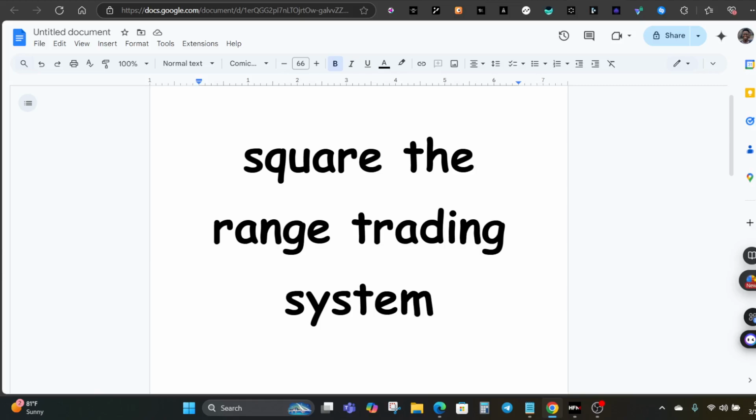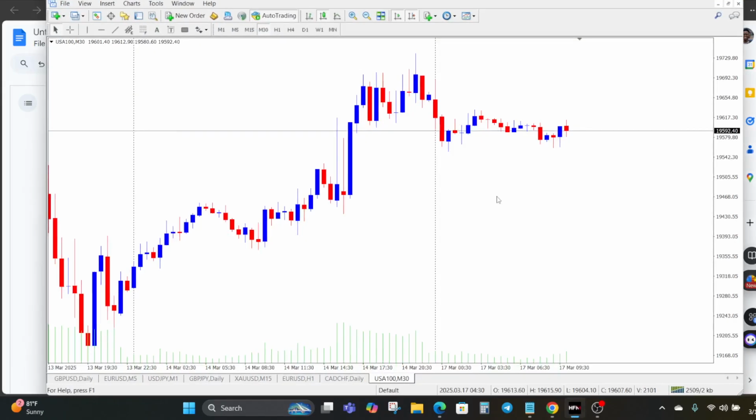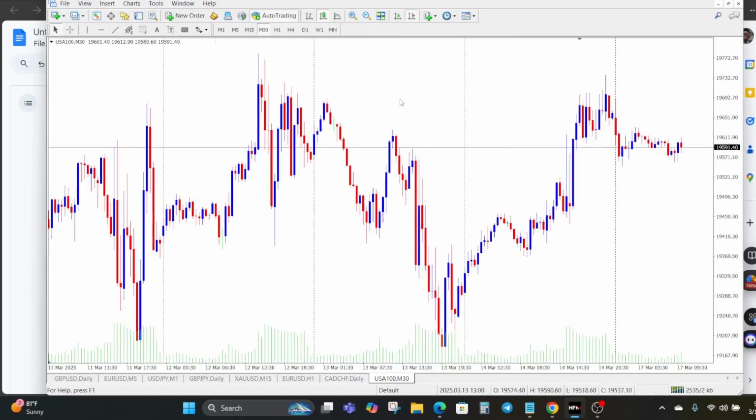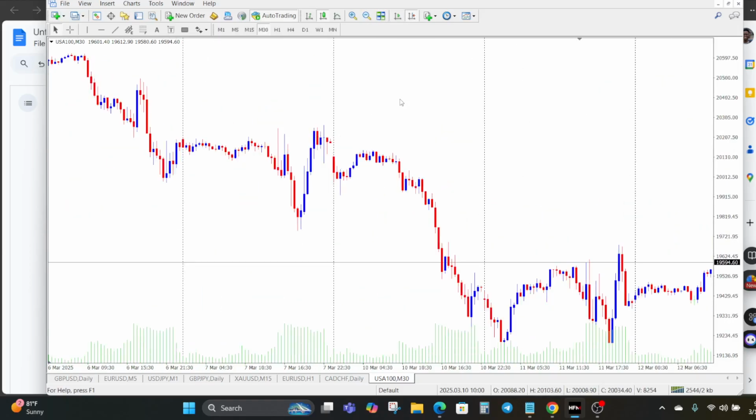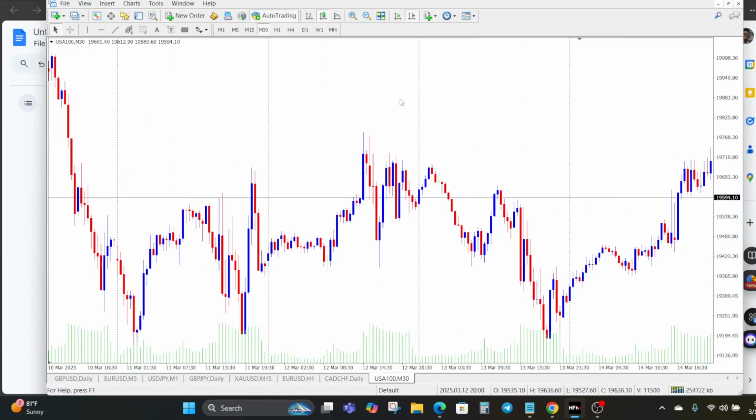All right, let us start with the basics, yeah? The square the range trading system is all about identifying and trading within a well-defined market range. The concept is pretty simple. We first determine a key range in the market, typically based on significant highs and lows, all right?